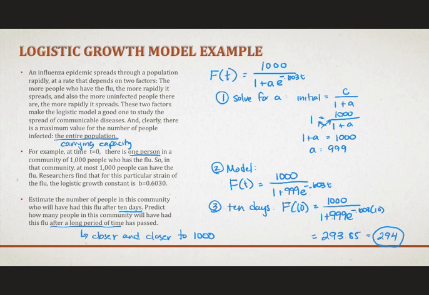So after a long enough time, we would expect 1,000 people to have had the flu, right? Assuming a lot of things, right? If this community is in a petri dish, no one leaves, no one goes anywhere else, no one comes in, eventually everyone in that community is going to get the flu, okay?